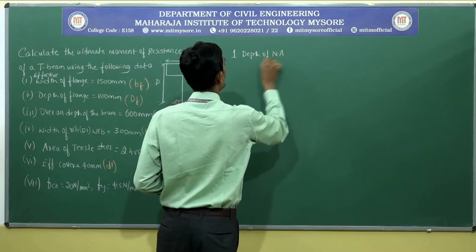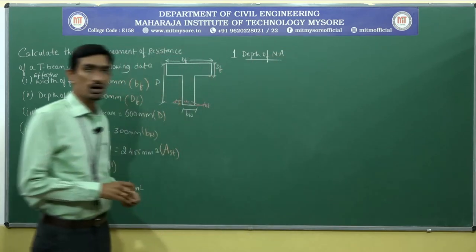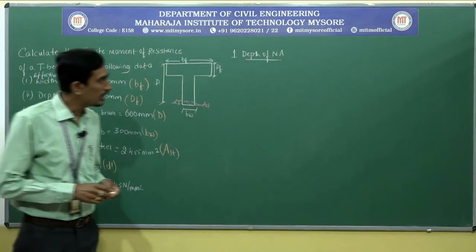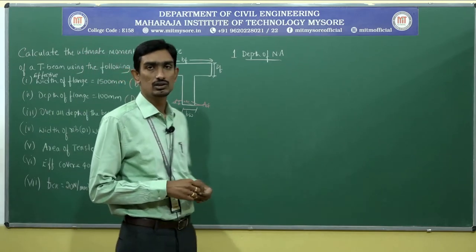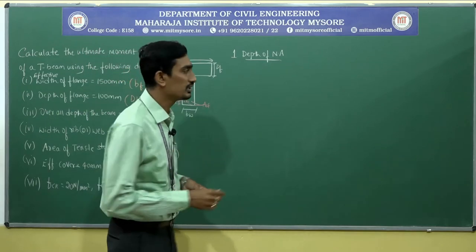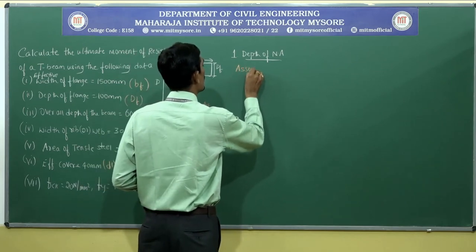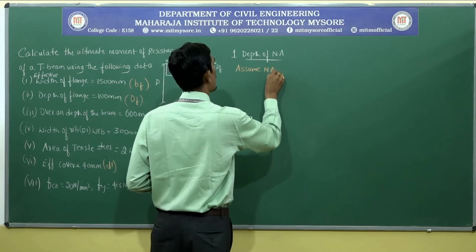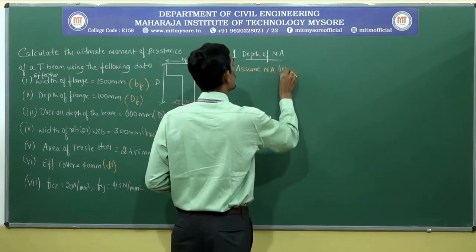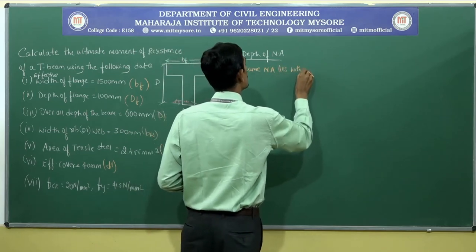Depth of neutral axis. While getting the depth of neutral axis, the very first thing is we need to write down a statement: assume neutral axis lies within the flange.